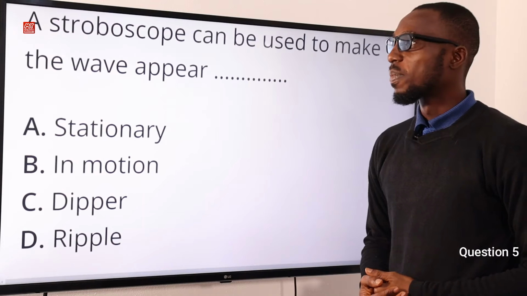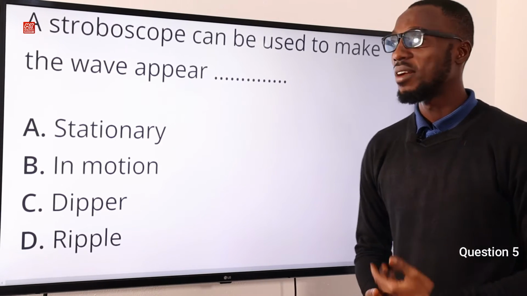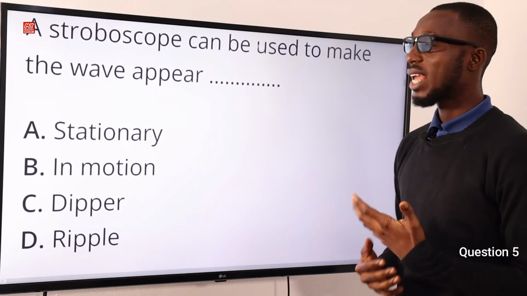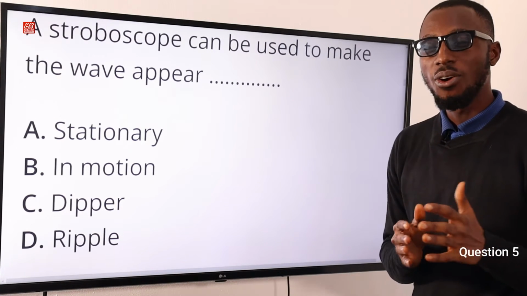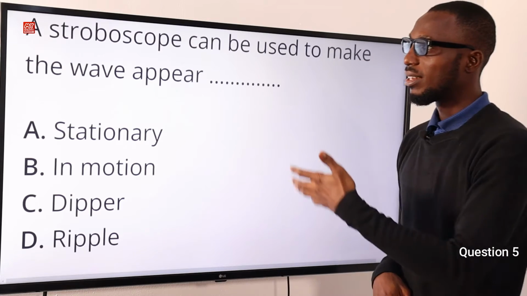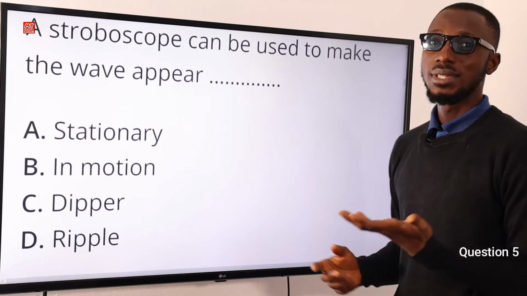Question 5. A stroboscope can be used to make the wave appear what? Remember, a stroboscope is used to make cyclically moving objects appear as if they are slow moving or stationary. The stroboscope can also be referred to as a strobe, or sometimes the strobe light.